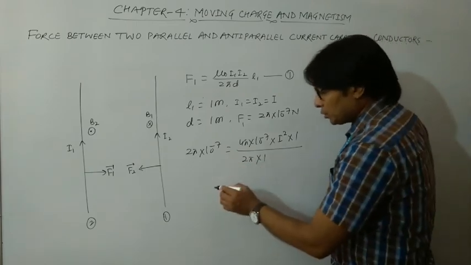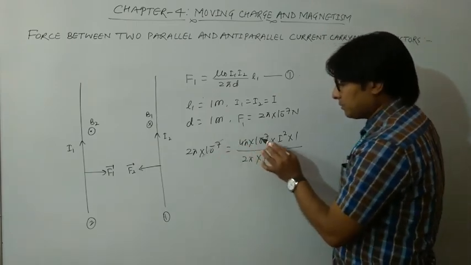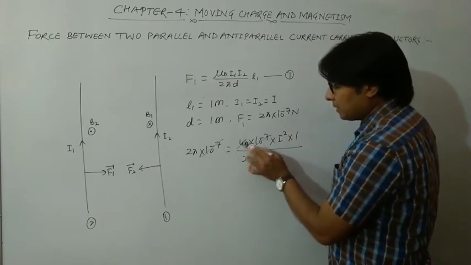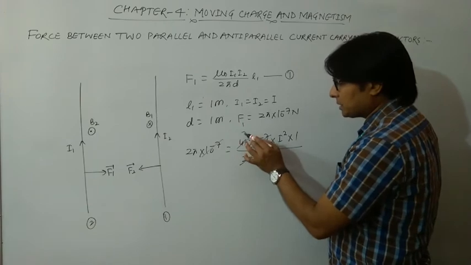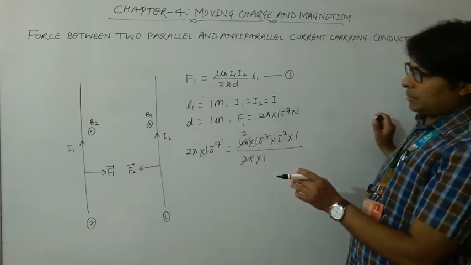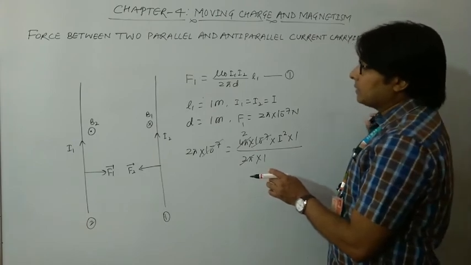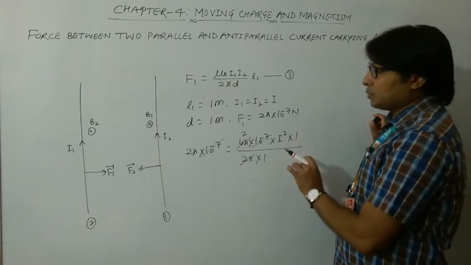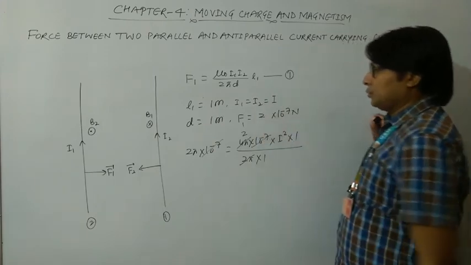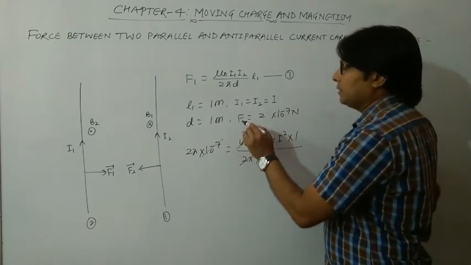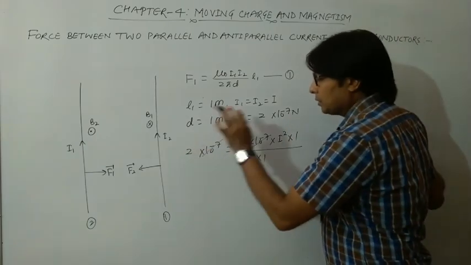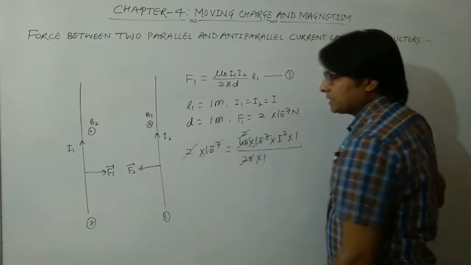So this 10 minus 7 will cancel out by 10 minus 7, and 4 pi will cancel out by 2 pi, leaving 2, and this 2 will cancel out by this 2.